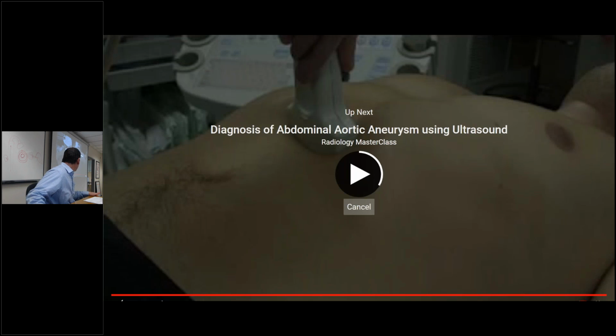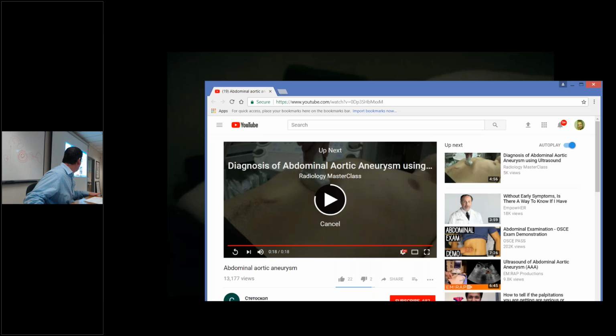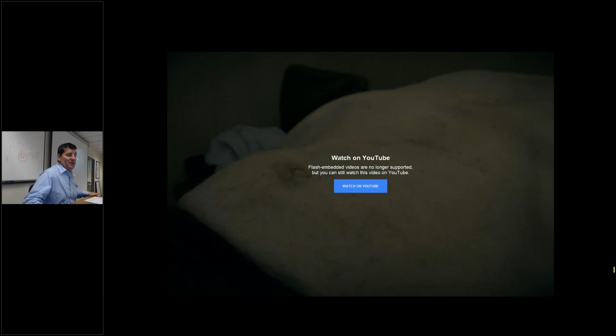So there is a pulsatile mass right there. But that is not a common area that you're going to find or way for that being diagnosed.